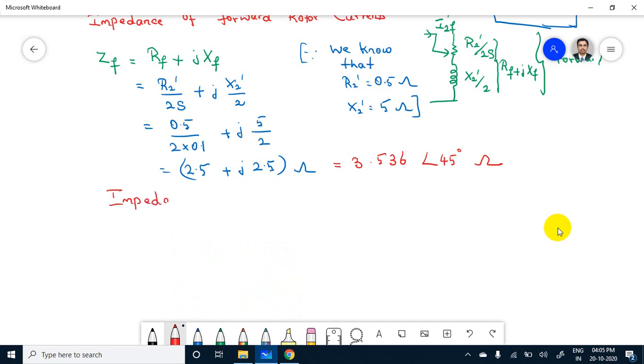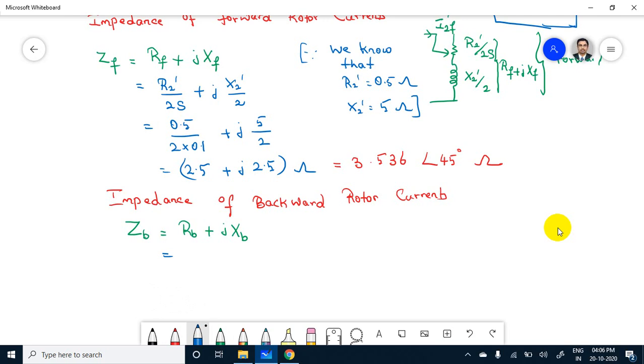in the similar manner, we have to write the impedance of backward rotor current. So the formula: ZB equal to RB plus jXB, which is equal to, what is RB?